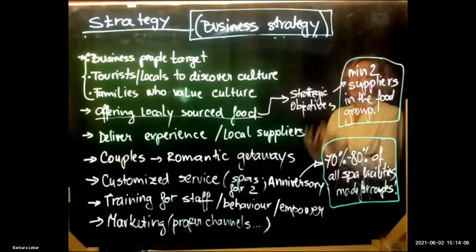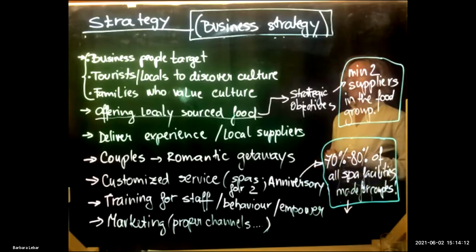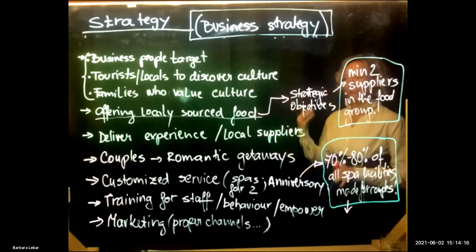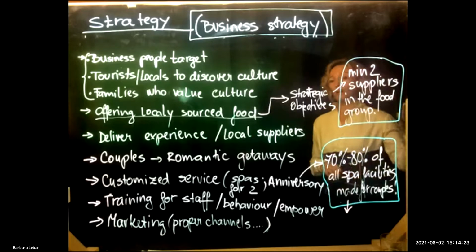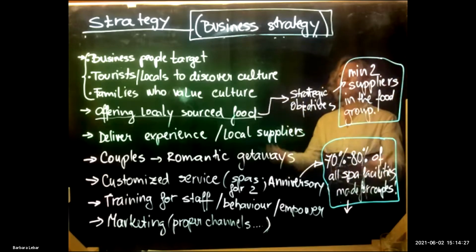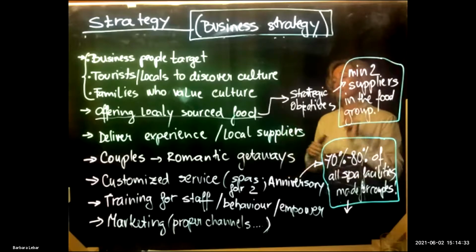Then of course there will also be performance. So probably you would like to plan, especially here when you have the couple spa treatments, how much revenue you would like to get from the couple spa treatment. So it's also a possibility that you would say that you target 50% or 70% of all the revenues connected to the spa would come from the couple spa treatment.